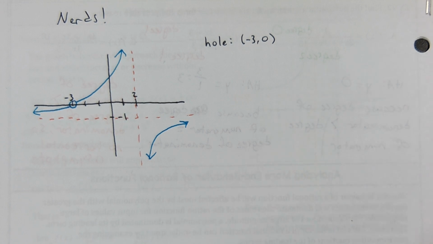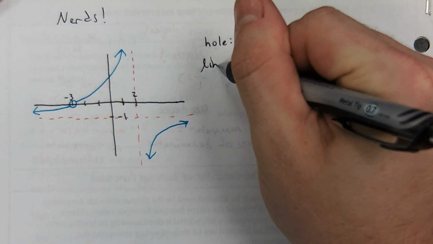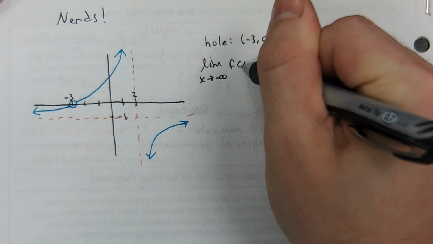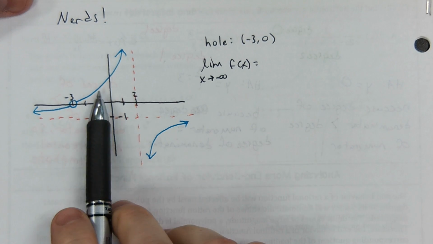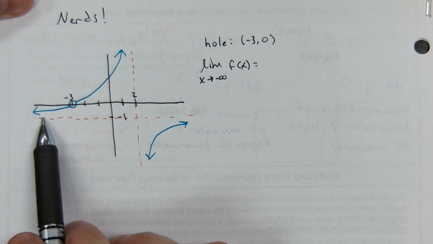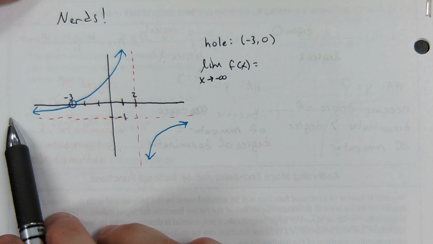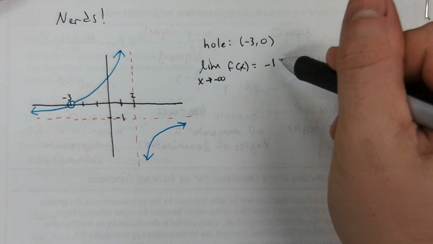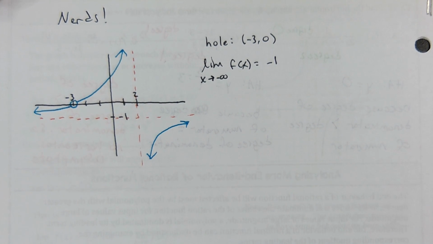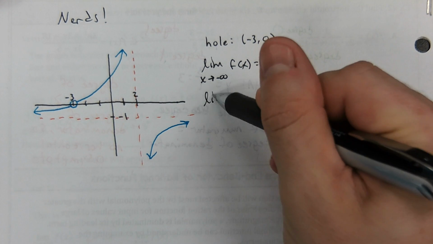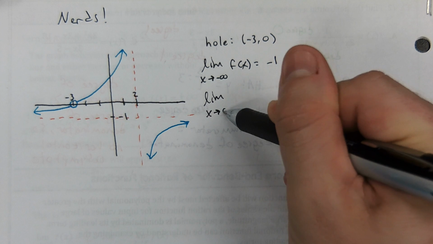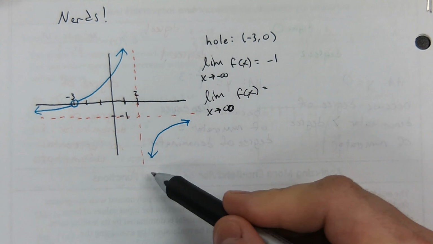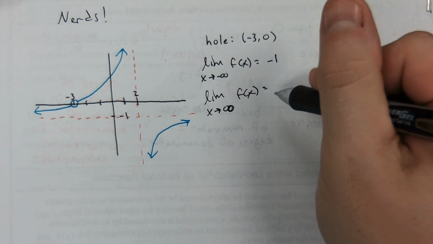Now let's tackle our end behavior. Left end behavior, so the limit as x approaches negative infinity. So take a peekaboo out here, let x get really, really, really negative. Looks to me like I'm approaching the y value of negative 1. And as it turns out, the right hand end behavior, as x approaches positive infinity, is the same number, negative 1.